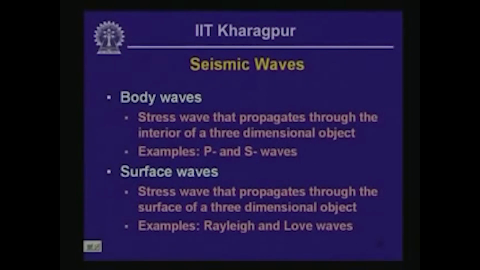Now let us look at the characteristics of seismic waves. There are two types of seismic waves really. It is exactly similar to, for example, if you throw a pebble on the surface of water in a pond or a water body, then what you see is a wave is triggered when the pebble hits the water surface, and the disturbance propagates radially from the location where the disturbance was originally triggered.